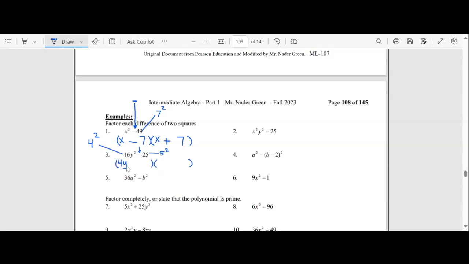So it's going to be 4y, 5, minus, plus. Let's go for number 2. 25 is 5 squared. Do we have a negative? Yes. Okay, so difference of squares. So it's going to be xy, 5, minus, plus.